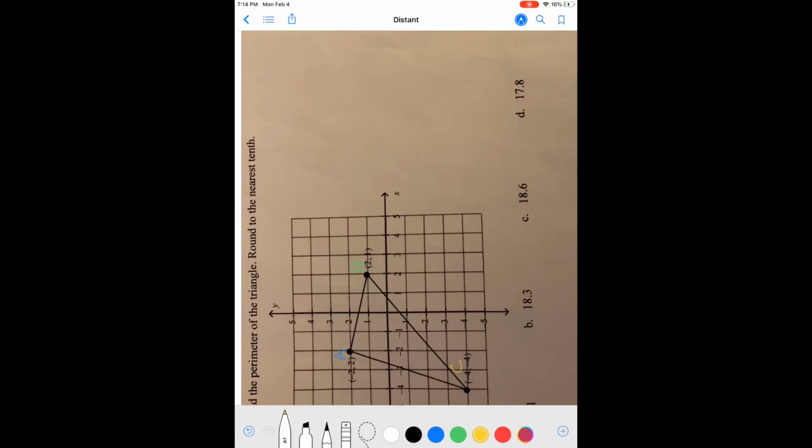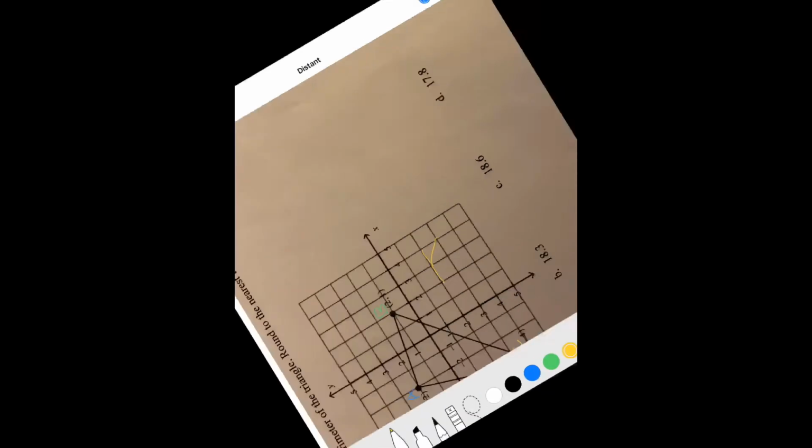We're going to find the perimeter. Can we count any of these distances? No, because all of them cut through the squares on the coordinate plane unevenly. They don't go from this point to this point, they go through a box, so we cannot count that correctly. So we have to use the distance formula.